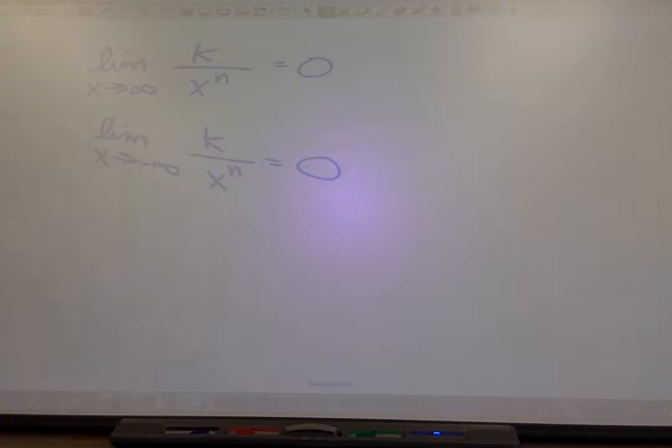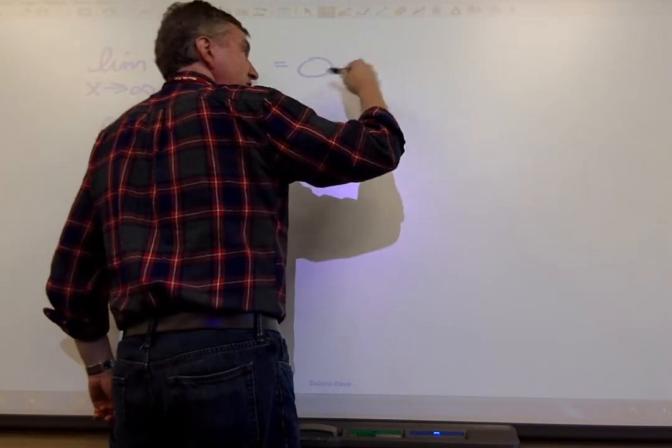The larger that denominator gets, the smaller that fraction is. Okay? That's going to help us do several problems coming up in the next few. When you see one like this, I hope you will think of this rule.